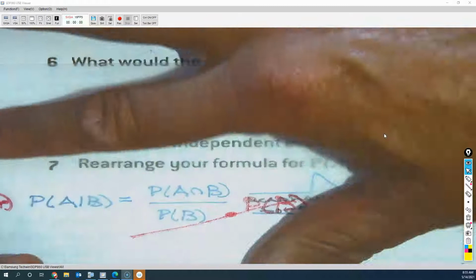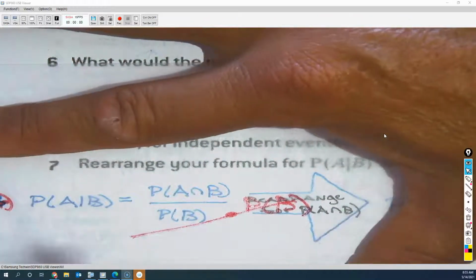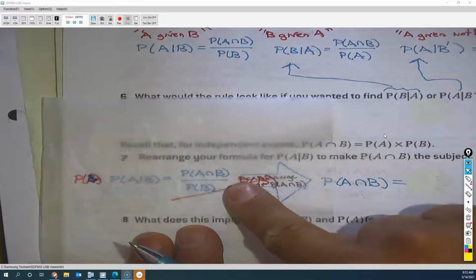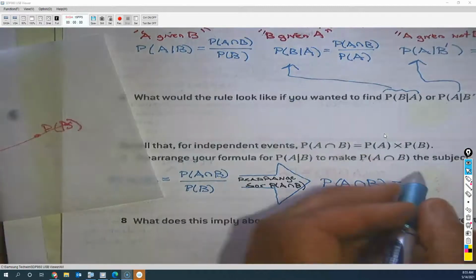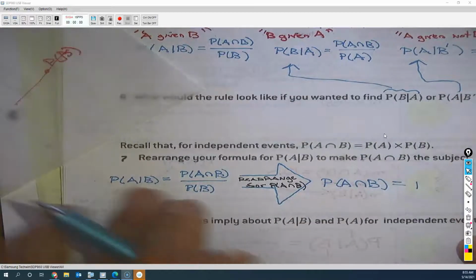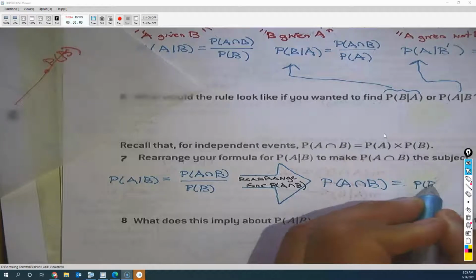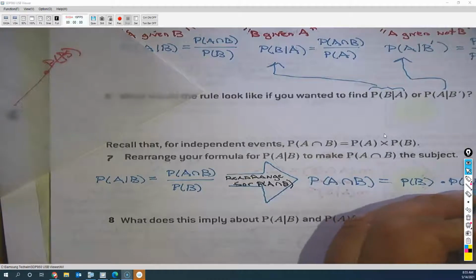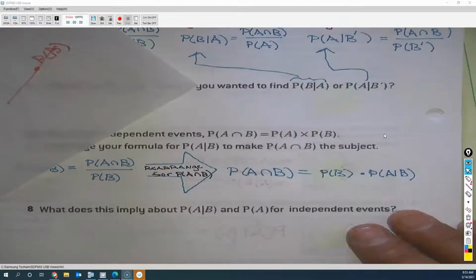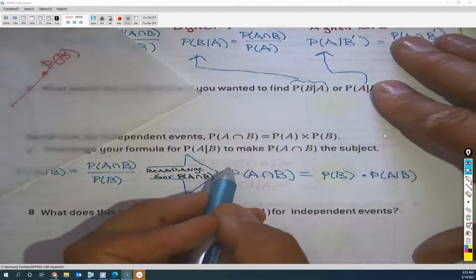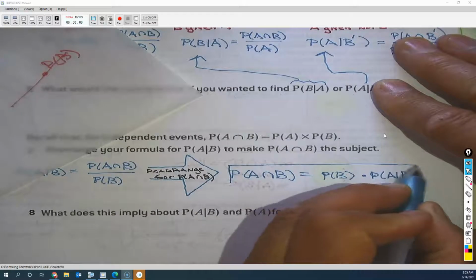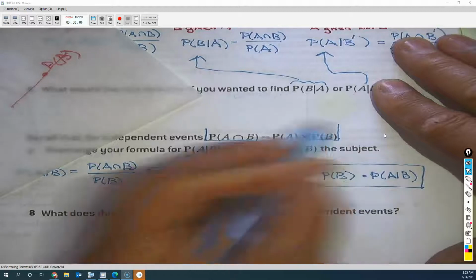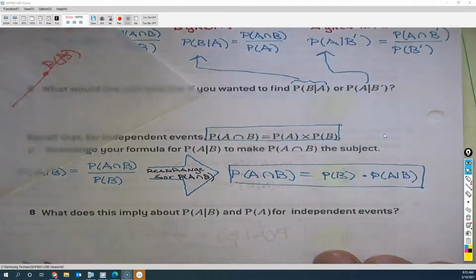We multiplied both sides by P of B, this side by P of B and that side by P of B. So if you're looking at this, guys, these are two formulas to calculate the intersection.